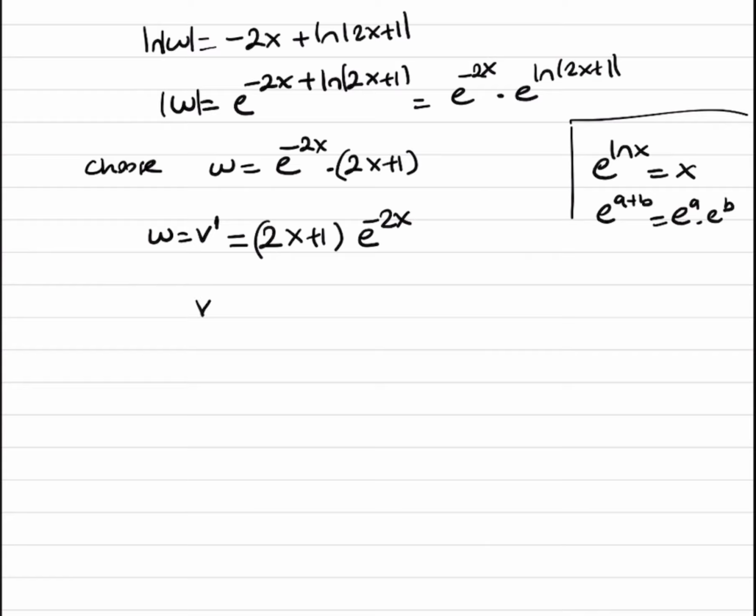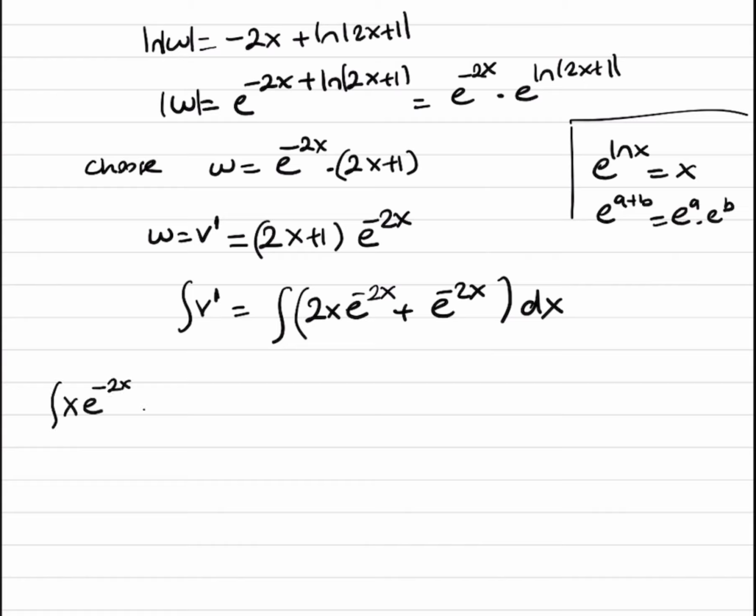So to find V, we will integrate e to the power minus 2x times 2x plus 1. So I just multiply. And I see integration by parts there. Yes, integration by parts. Okay, x times e to the power minus 2x dx.